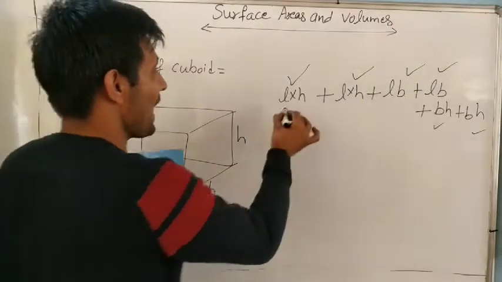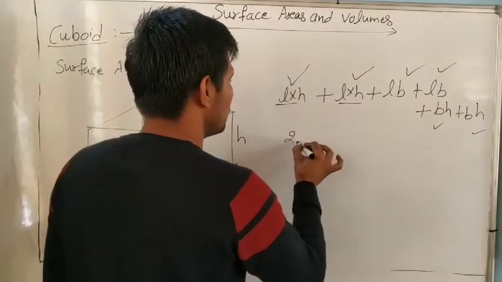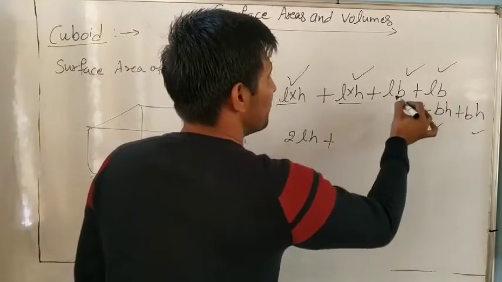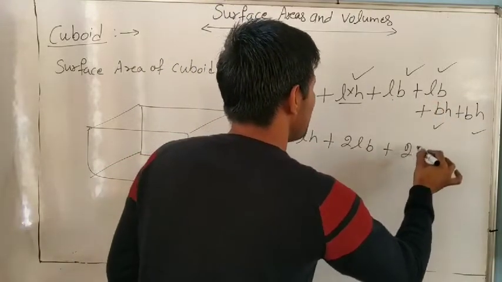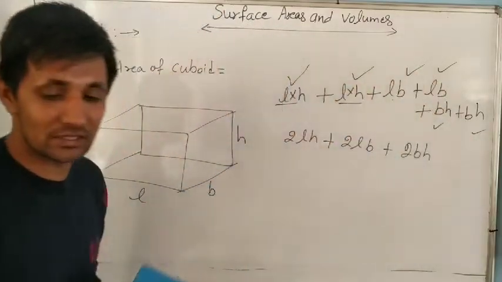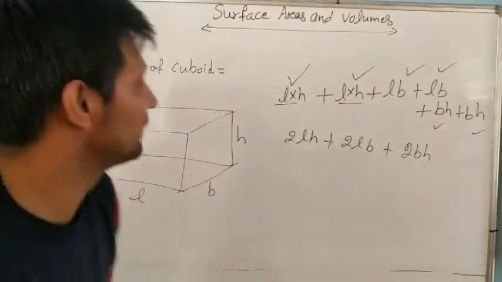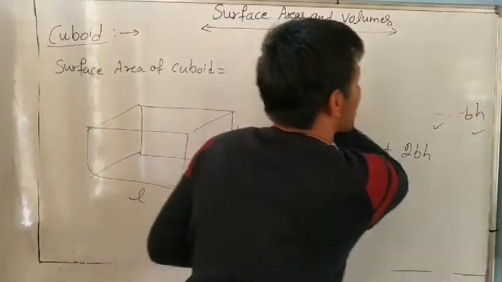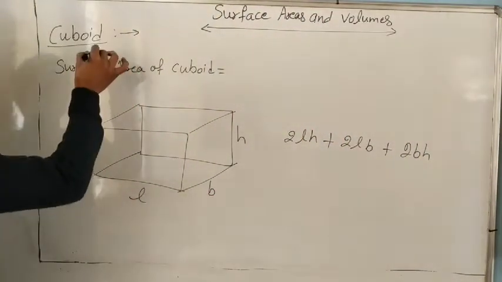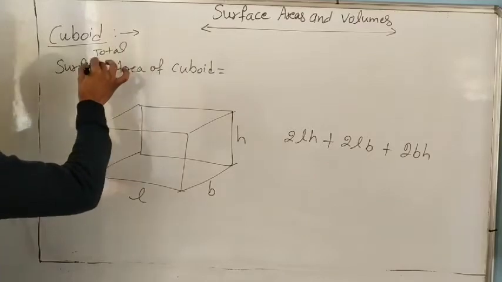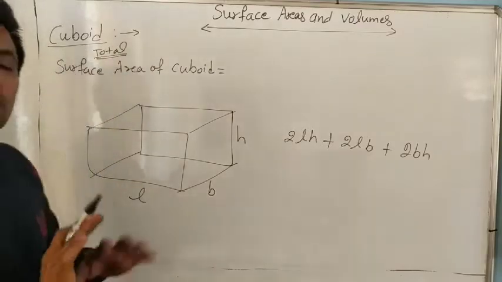Now we add: LH plus LH, plus LB plus LB, plus BH plus BH. In 8th class we also learned surface area or total surface area. In the question, surface or total, both are the same.